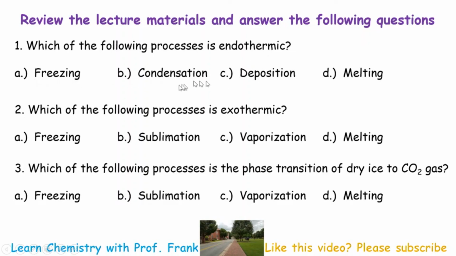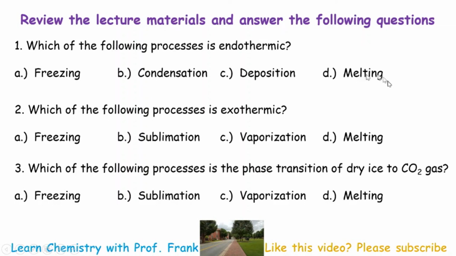Among the 4 choices, D is the only one that meets the definition of endothermic, because you need to apply heat to a solid so that it can be melted. So the system, let's say ice, a solid form of water, receives heat, receives energy, and then it becomes water.